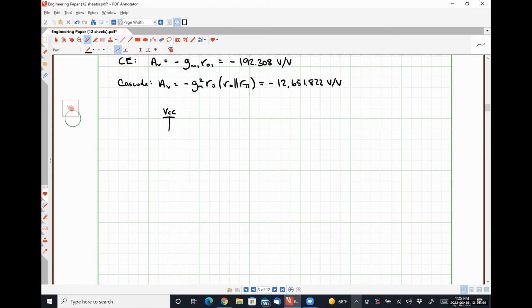We would bias our cascode amplifier. I'm going to call this VB4, this guy VB3, which means this is transistor Q4 and this is transistor Q3. I'm going to take my output voltage here.